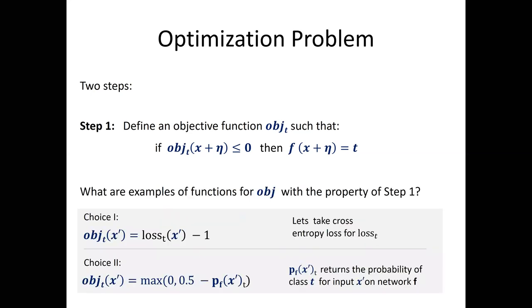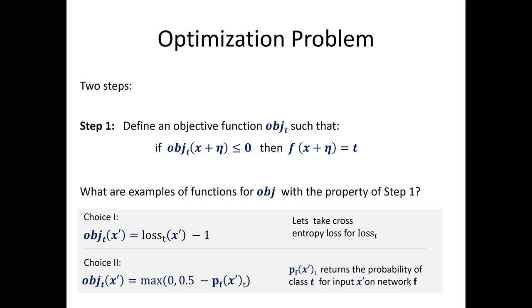Okay, so let's look at some example functions that Carlini and Wagner experimented with, with the property from step 1. Here's a couple of functions. One definition could be to just take the standard cross entropy loss and subtract 1 from it, and we'll see in a second why.